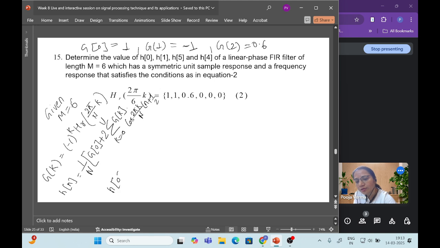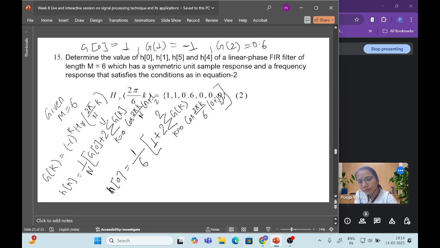First we determine h of 0, that means putting n equal to 0 in this equation: h(n) is 1/6 times [g(0) = 1, plus 2 times the summation with k from 0 to 2 of g(k) cos(2πk(n + 1/2)/6)]. Now if you solve this further, opening the summation, for g of 0, k is 0, so the factor will be 0 only.